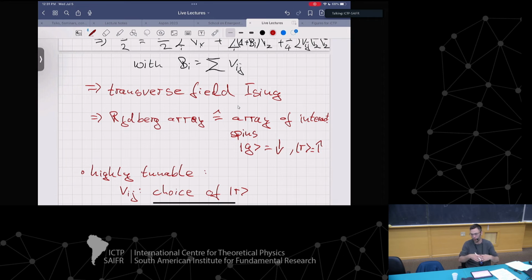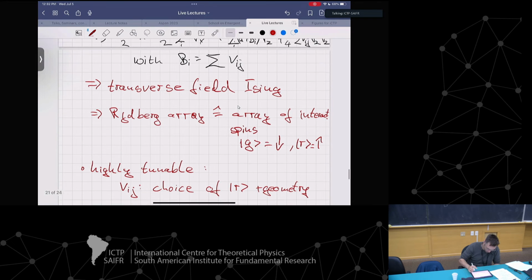Do we work with the 80s or 100s, plus the geometry of the array. We already saw that before when I showed you the blockaded Rabi oscillation. We actually didn't change the Rydberg state, we just put the atoms closer or further away. So these are the knobs on that.